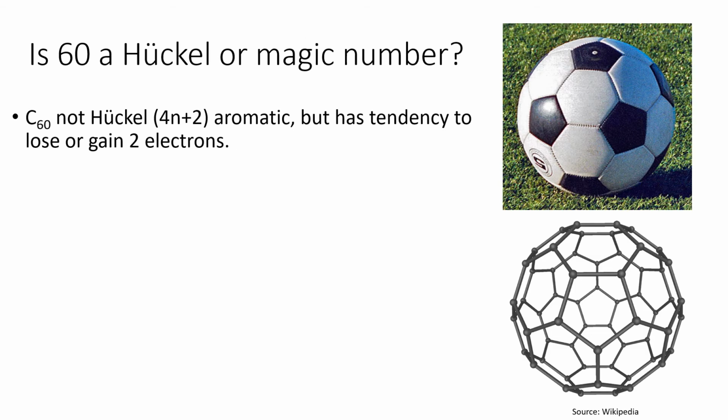And now looking in a little bit more detail at the Buckminsterfullerene, as you can see they're just illustrating the fact that this is the exact shape of a classic soccer ball.